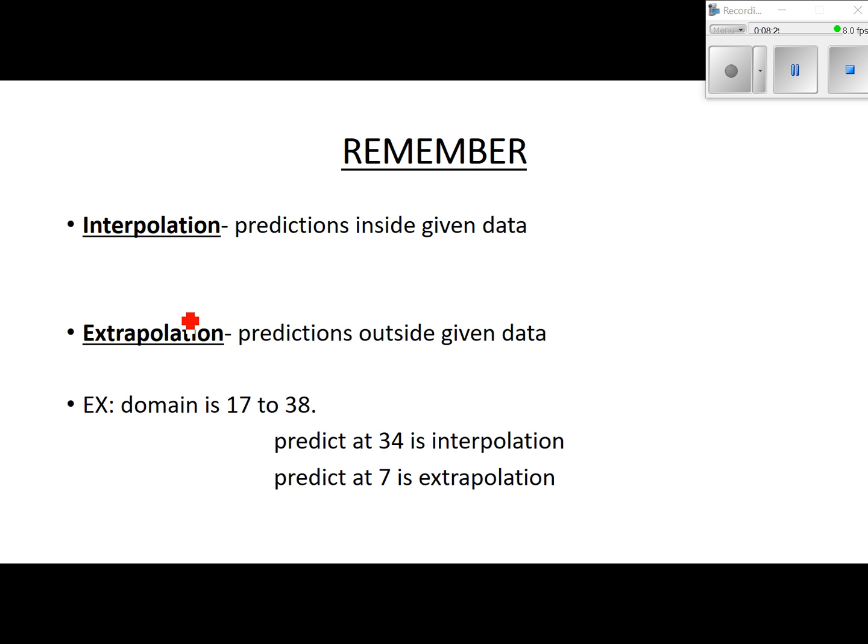Remember, interpolation is when you're making a prediction inside the given data. So if your domain, if your x's run from the lowest maybe is 5 and the highest is 17, so we're going 5 to 17, then any numbers that we pick that fall in there, then it's interpolation.